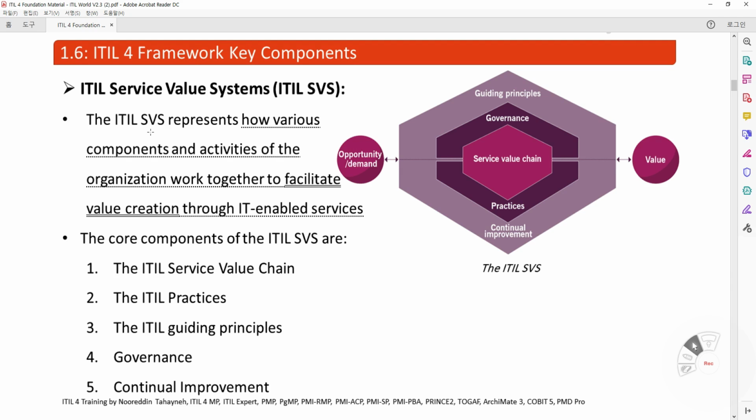The ITIL SVS represents how various components and activities of the organization work together to facilitate value creation through IT-enabled services. The core components of the ITIL SVS are, first, the ITIL service value chain, second, the ITIL practices, third, the ITIL guiding principles, fourth, governance, fifth, continual improvement.